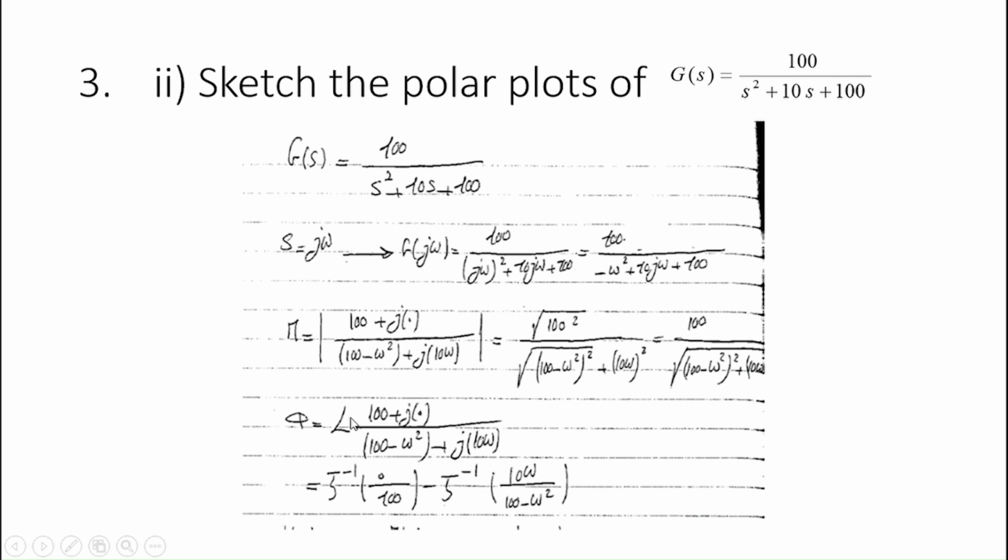To find the function for the phase, we have to find the angle of the numerator minus the angle of the denominator. The angle of the numerator is tangent inverse of 0 over 100, minus tangent inverse of 10 omega over 100 minus omega squared.